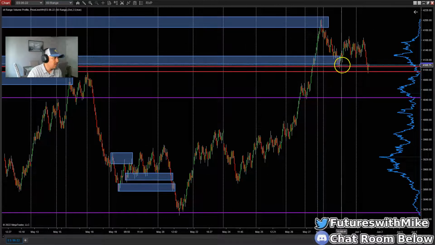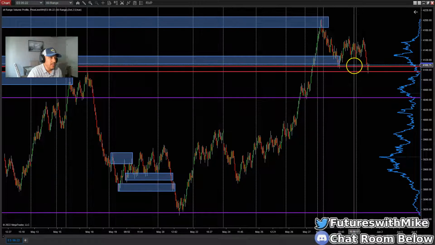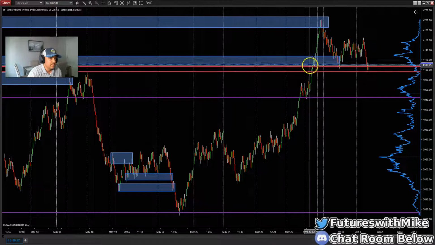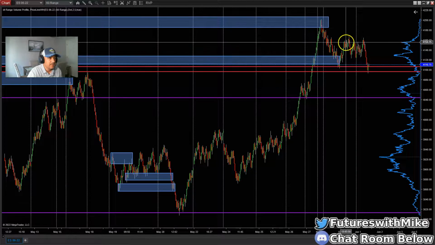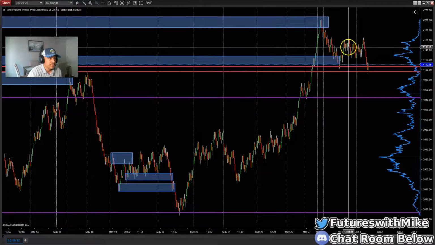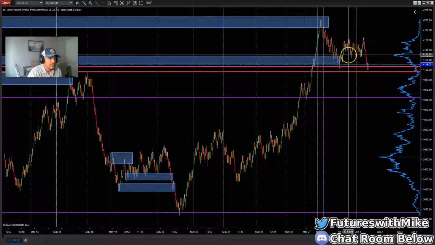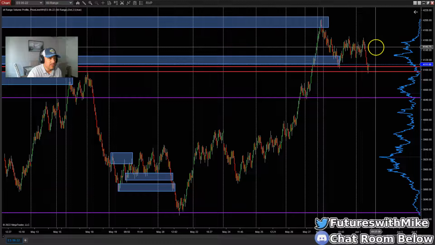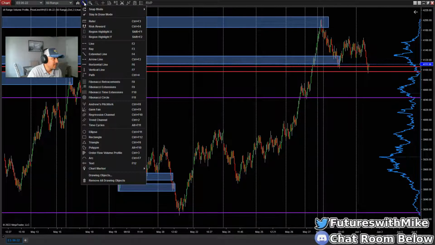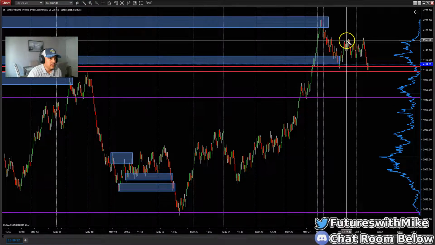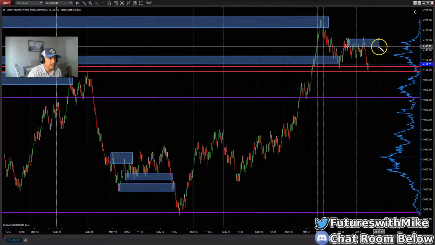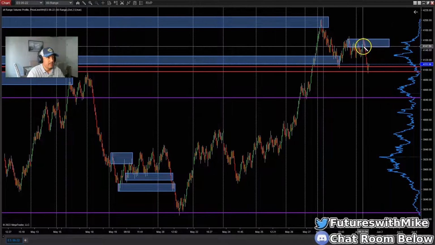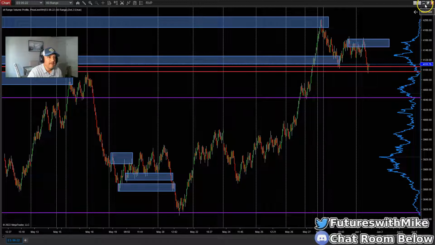So this is resistance right here. There's an area of supply sitting right here. I'll draw it out for you guys so you can see it. I'll call this area supply right here. So that's supply. The price is hitting area resistance off the 60 range, so be mindful.